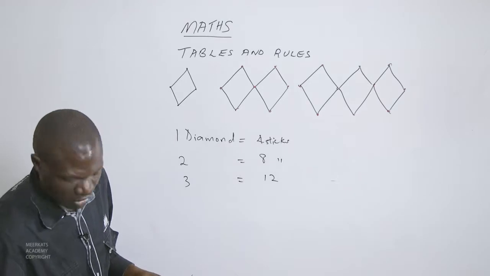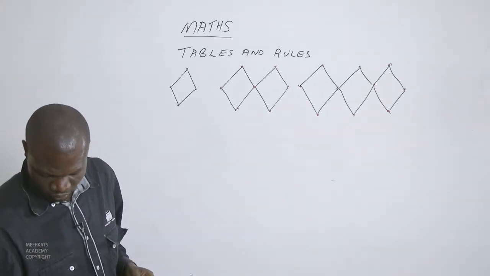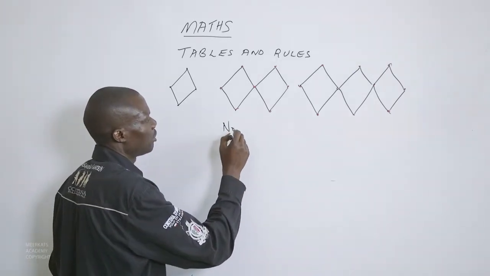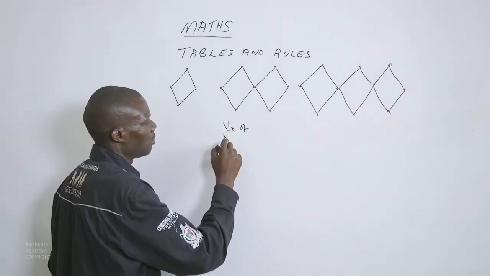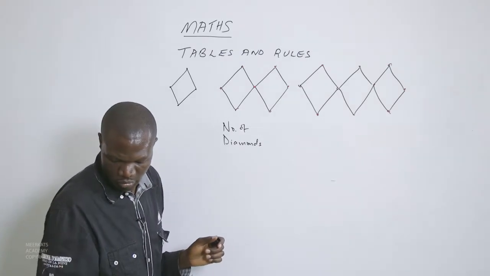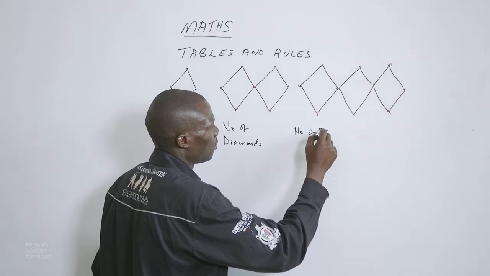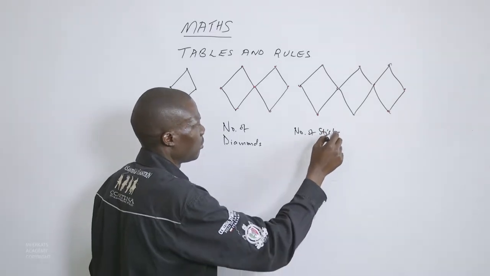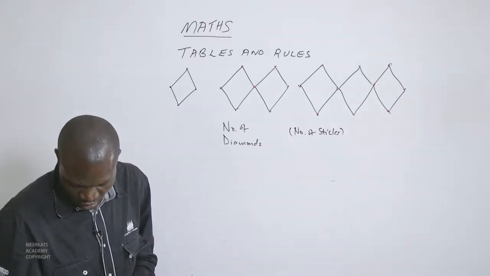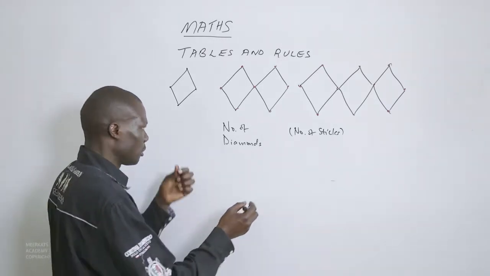In this case, we can have the number of diamonds and the number of sticks.